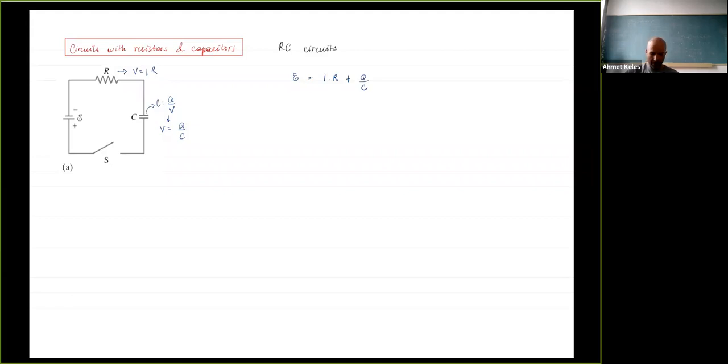Suppose resistance, capacitance, and the EMF are given, and I want to find the current. How can I do this? The current is written in terms of Q, but I don't know Q. Exactly, current is given by dQ/dt.